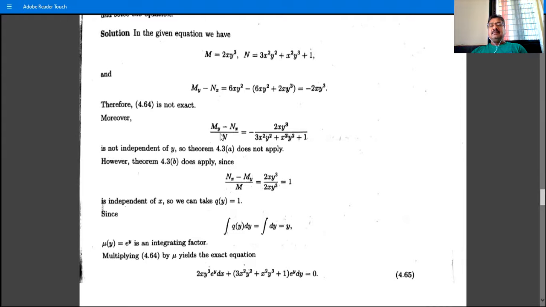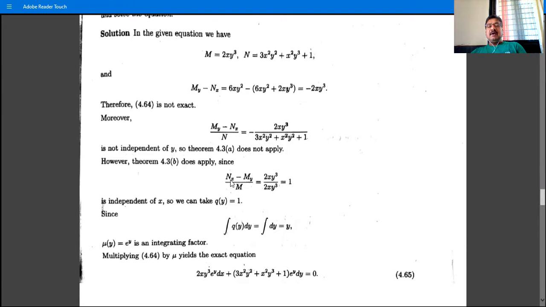But if this quantity is a function of x alone, then we find the integrating factor using e raised to the integral of f(x) dx. But this is not a function of x alone, so that rule fails for this example.